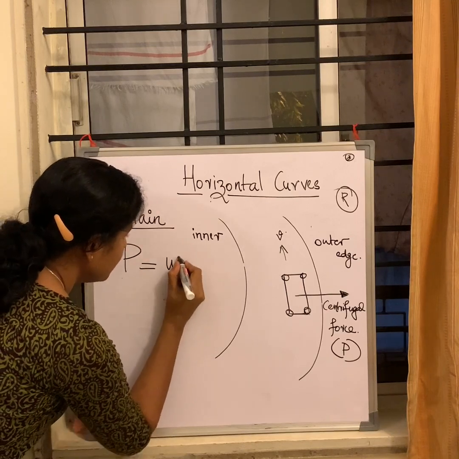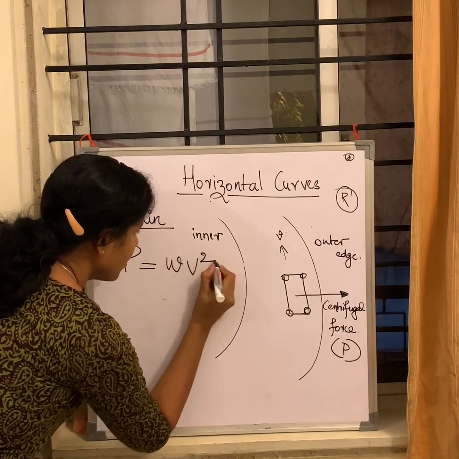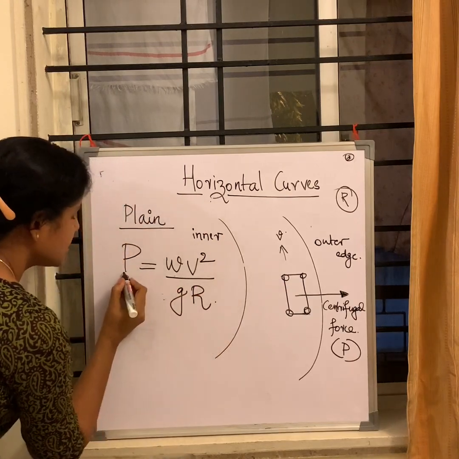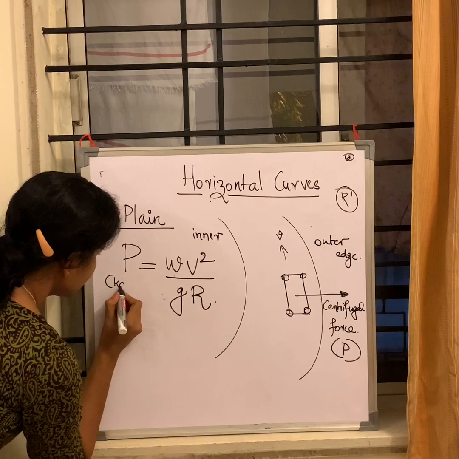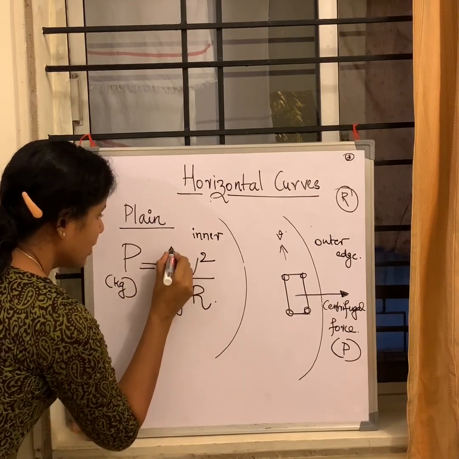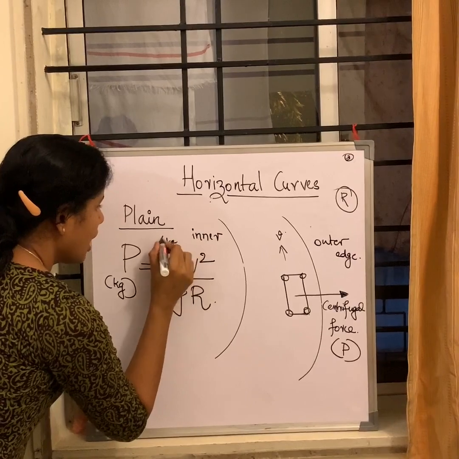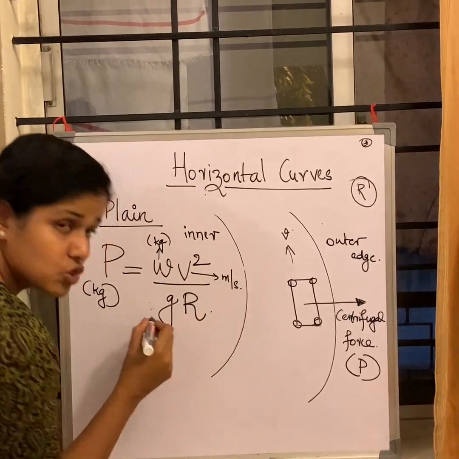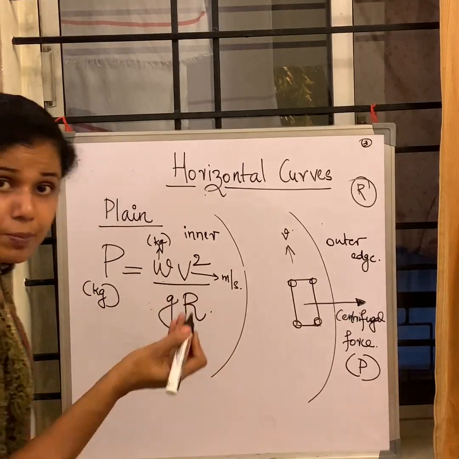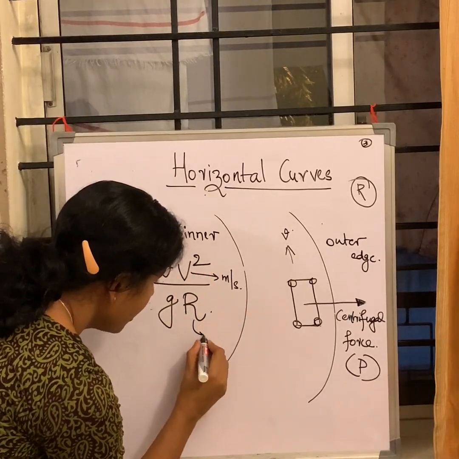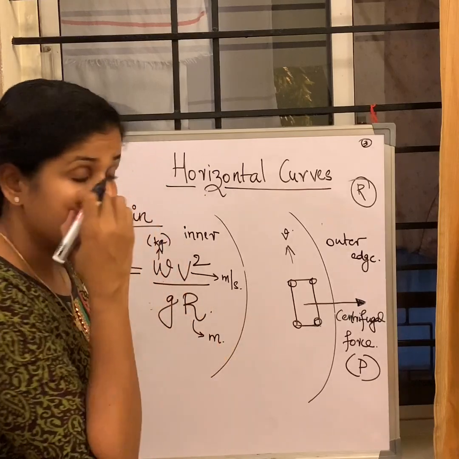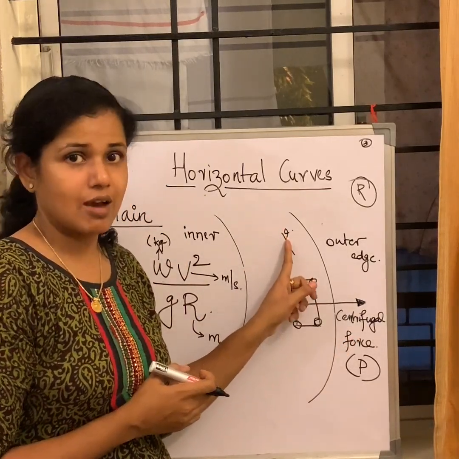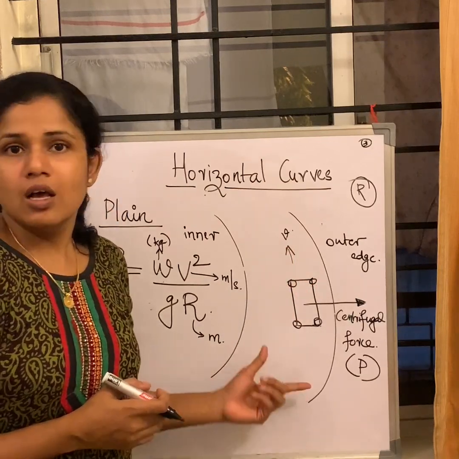P is equal to W V square divided by G R, where P is the centrifugal force in kg, W is my weight of the vehicle in kg, V is the speed of my vehicle in meters per second, G is the acceleration due to gravity, 9.8 meters per second square, and R is the radius of the curve. So centrifugal force depends on the speed with which you are traveling and the available radius.